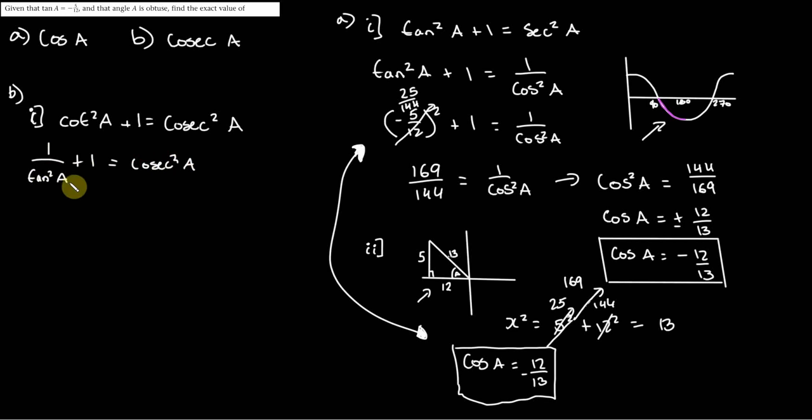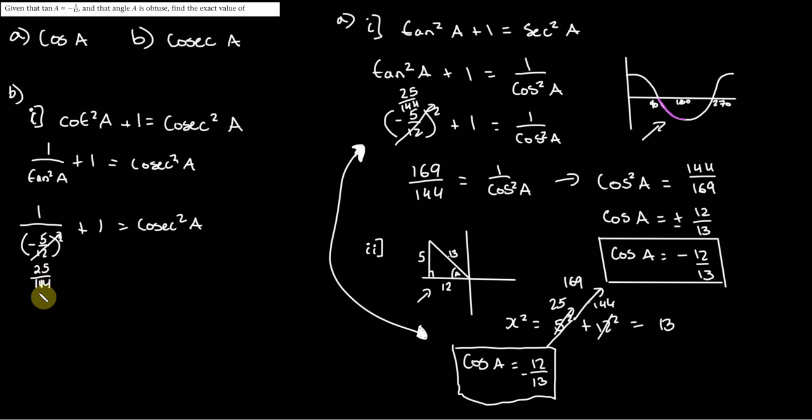And now we can just plug in our value for tan squared A, and we need to square everything, of course. We know tan A is negative 5 over 12. We're going to square that. Negative 5 over 12 squared, flipped, plus 1 equals cosec squared A. We square it, so this is 25 over 144.